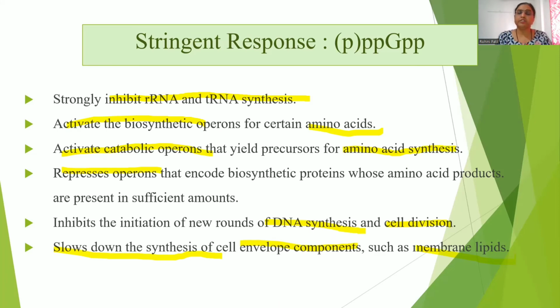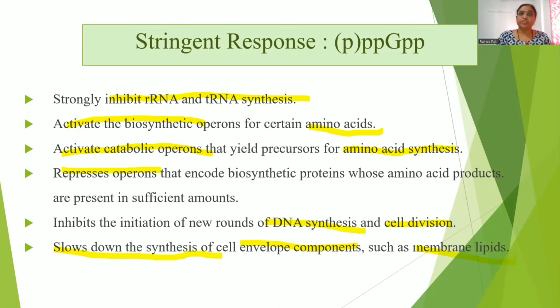In this way, the stringent response is going to control the synthesis of tRNA, rRNA, catabolism of amino acids, anabolism of amino acids, and it is also going to affect DNA synthesis, cell division, and the synthesis of cell envelope components.